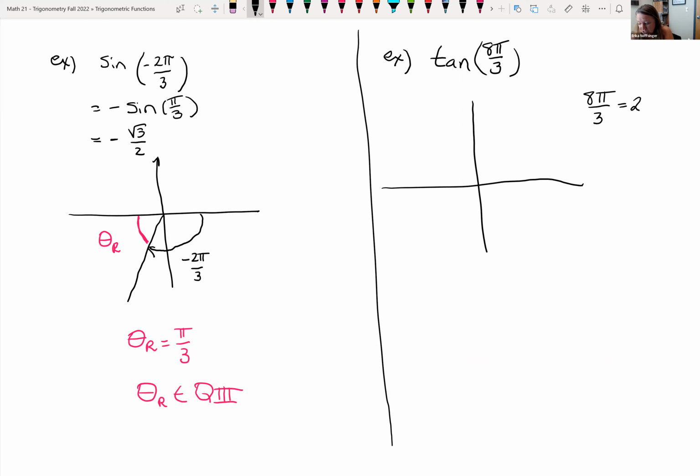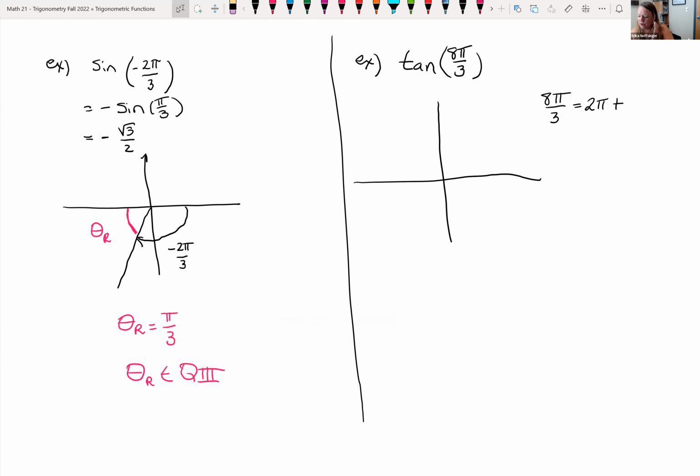So this is the same thing as 2 pi plus, we'd have a remainder of 2. So this would be 2 pi plus 2 pi thirds. So if we went 2 pi plus 2 pi thirds, that would get us up here in the second quadrant.